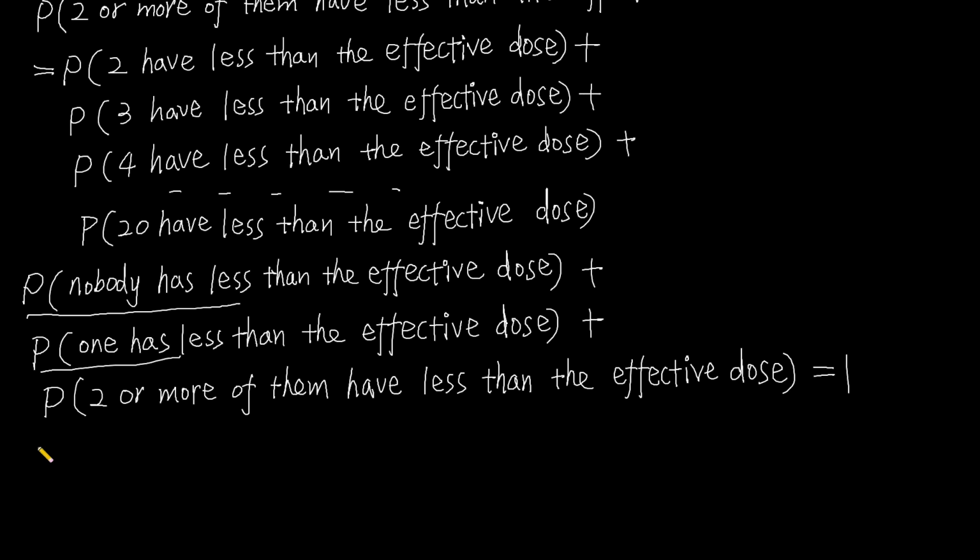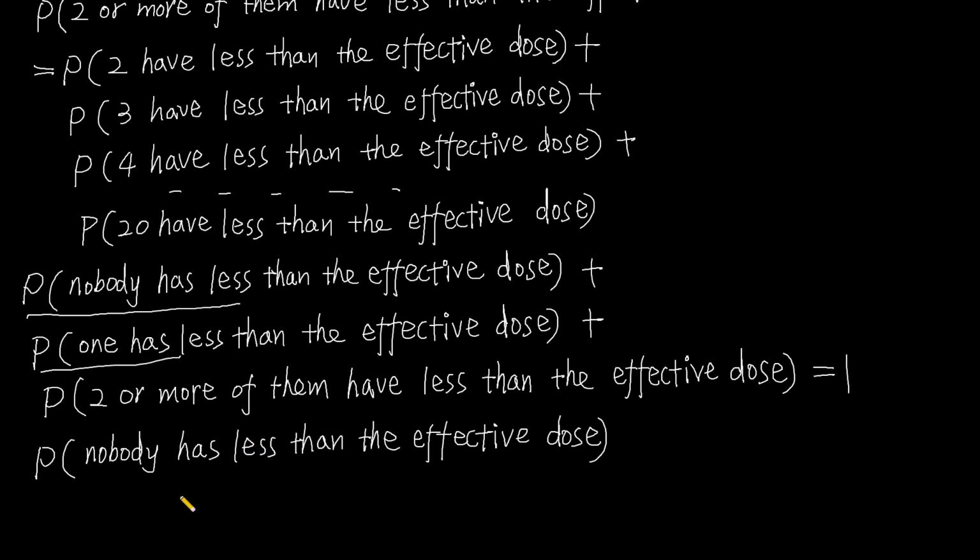So first, we find the probability that nobody has less than the effective dose. This means that all 20 people have the effective dose. So this equals the probability of effective to the power of 20.